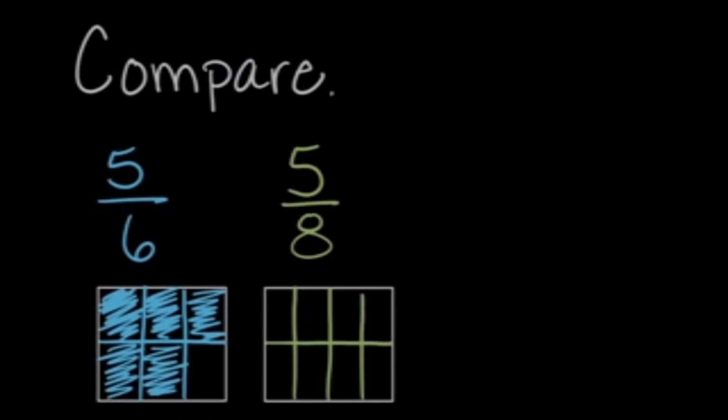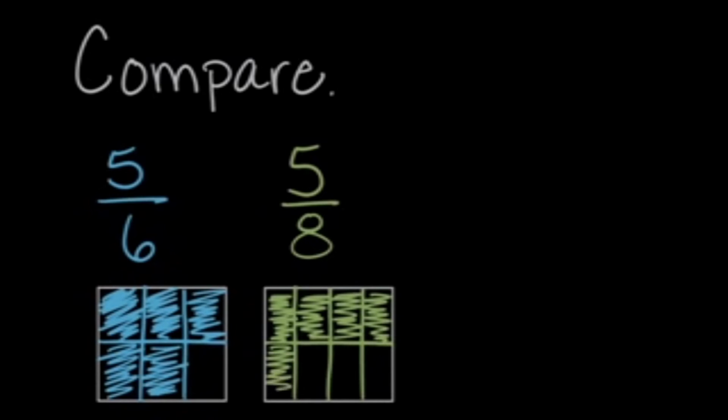So, the cake is divided into 8 equal parts. Now, we will take 5 parts from 8 parts. Okay? From this figure, it is clear that 5/6 is greater than 5/8.